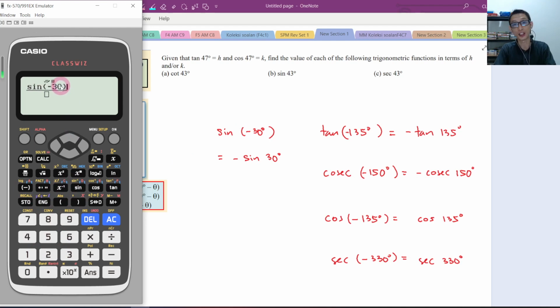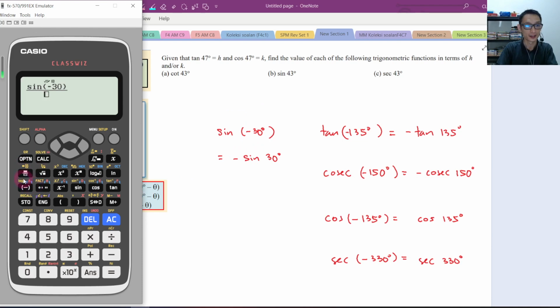You don't have to key in the degree sign, because you see a D over here, which means degree. Your calculator is already set in degree mode. So when you key in negative 30, your calculator knows that this is negative 30 degree. I'm going to take the left hand side divided by the right hand side. If the calculator gives me 1, it means that the left hand side and right hand side are equal to each other. This means that we did it correctly.